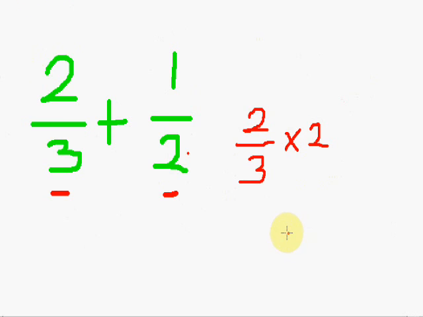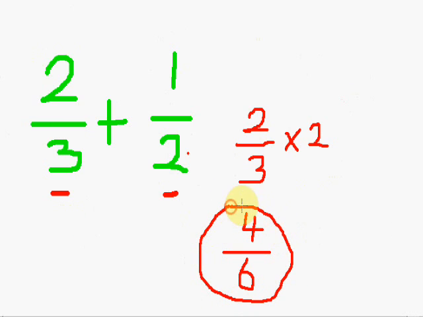Nothing can happen unless we have a common denominator for both fractions. So we have 2/3, and we multiply that by 2. So 2 2s are 4, and 3 2s are 6, so we have 4/6. So 2/3 is equivalent to 4/6. If we were to reduce 4/6, we would definitely get 2/3.